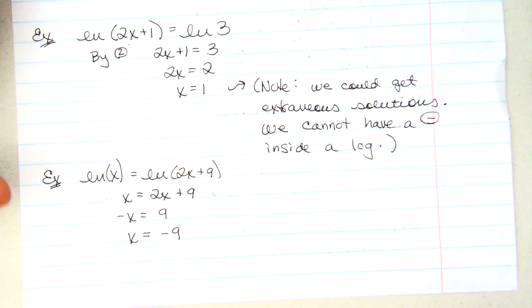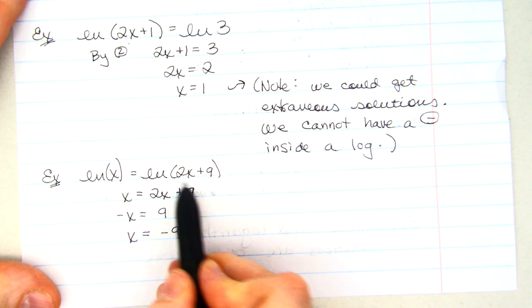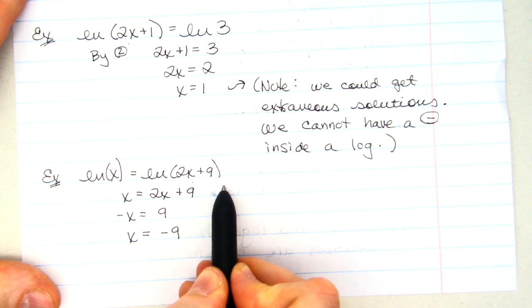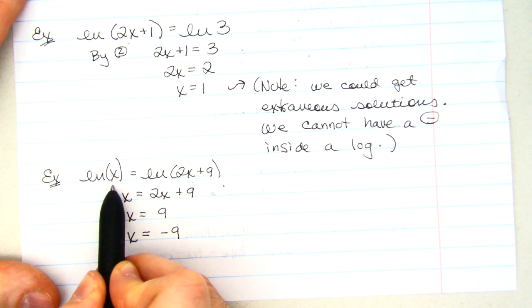And I'm thinking x equals negative 9. Good? Why are you shaking your head? If you try to plug this in, 2 times negative 9 plus 9, that's a negative number. Plus, if you plug it in over here, that's a negative number.